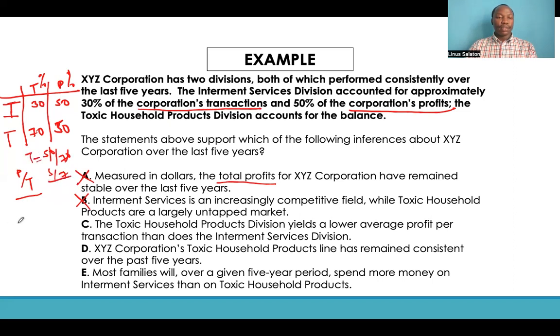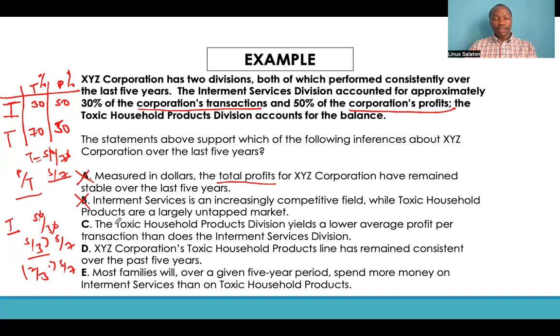You can also calculate for the Interment Services Division by doing 50 over 30. That gives us 5 over 3. From your knowledge of mathematics, 5 over 3 is greater than 5 over 7, right? Because this is a whole number over 3, and this will be a decimal, so this is definitely larger than 5 over 7.